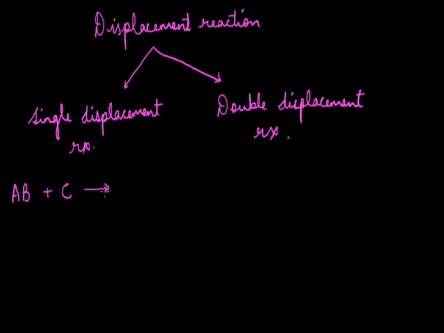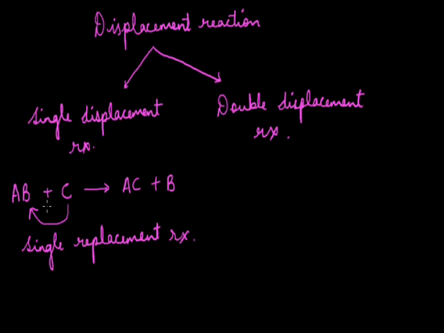Suppose a compound AB reacts with an element C, then it will form AC and B. So here we see that C is replacing B, that is B is being replaced by C. So this single displacement reaction is also known as single replacement reaction, because here B is being replaced by C. And as this replacement happens one time, the name is given single replacement or single displacement reaction.